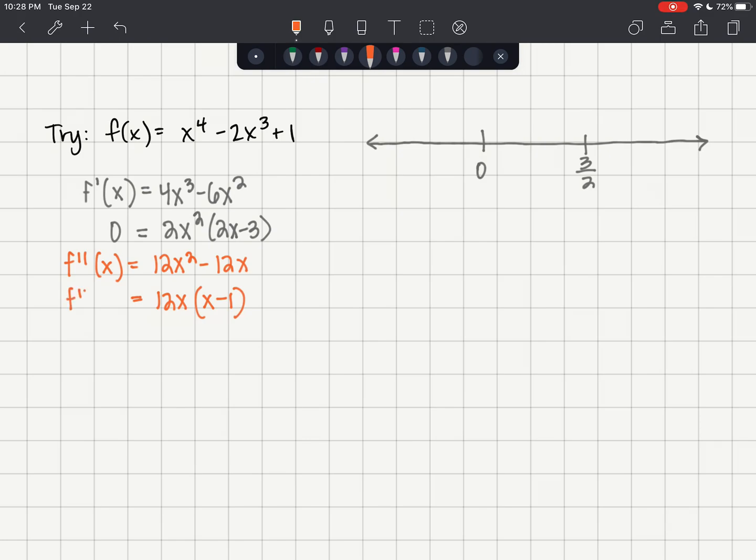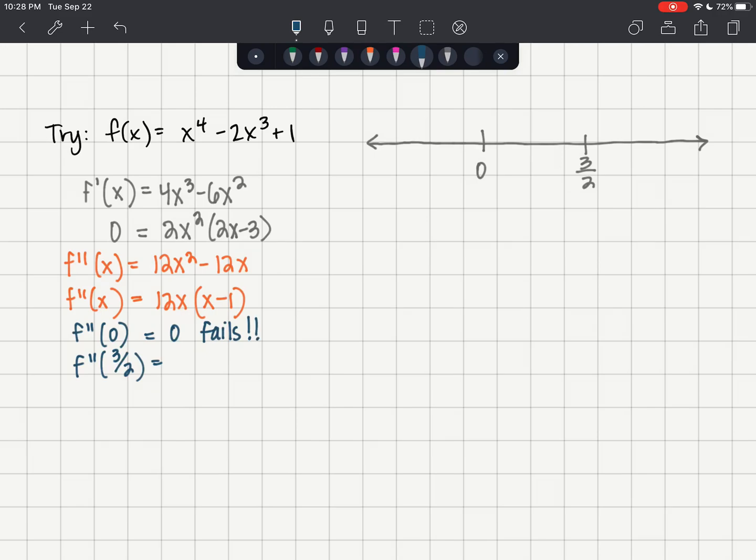No, I didn't set it equal to 0. I just factored it. This way I can use my second derivative test. So now I'm going to put 0 in and find f double prime of 0 and f double prime of 3/2, and see if I have a relative max or a relative min. I put a 0 in, and 0 times anything is 0, so this fails.